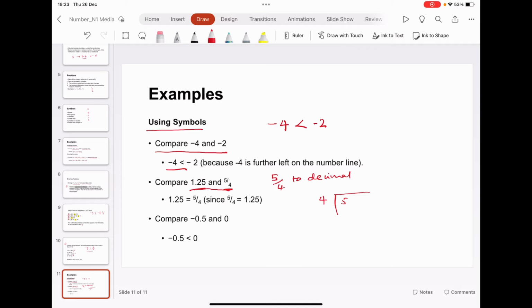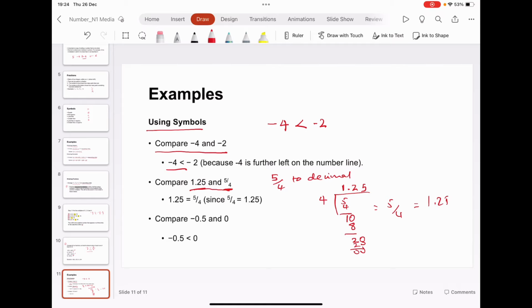4 goes into 5 one time, and 1 times 4 is 4, and the difference is 1. And 4 goes into 1, not possible, so we have to put a point here and add a 0. 4 goes into 10 two times. 2 times 4 is 8, and the difference of 10 and 8 is 2. 4 goes into 2, not possible, so we have to add a 0 here. 4 goes into 20 5 times. 5 times 4 is 20, and we can say 5 over 4 is equal to 1.25.